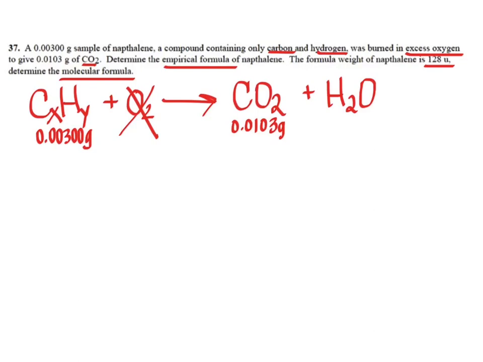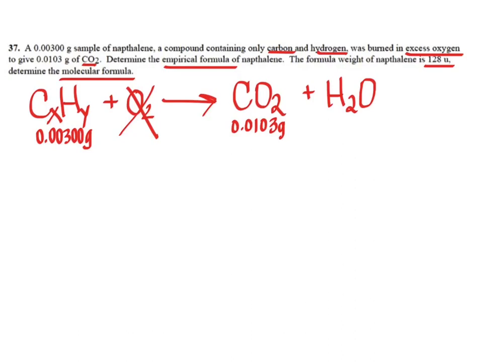All right, looking at this, we know carbon in carbon dioxide is coming from one place, and what is that? It's coming from the hydrocarbon, the naphthalene, right? So we know that the grams of carbon in our product here, the 0.0130 grams, is going to equal the amount of carbon that went into it, the CH hydrocarbon, right? What goes in must come out.